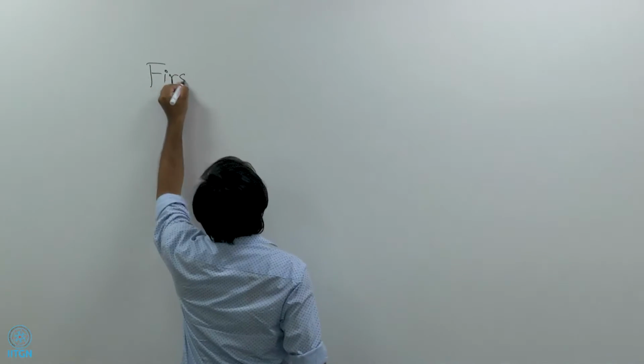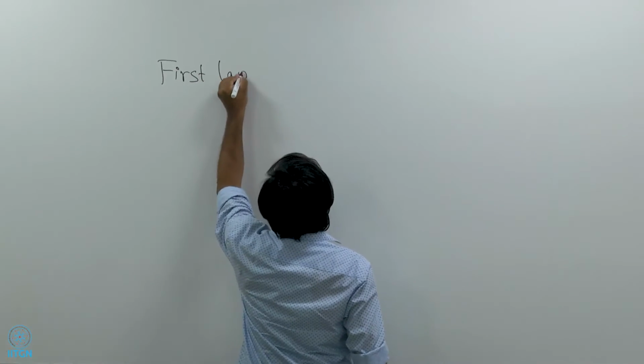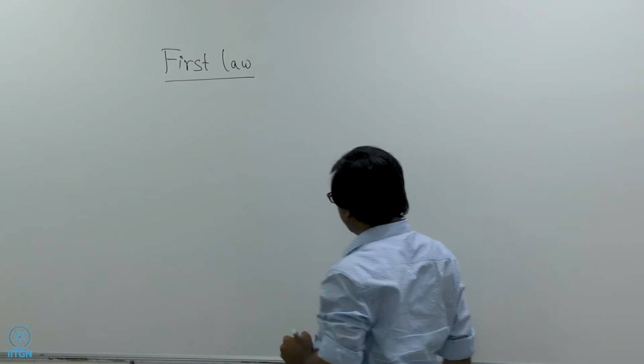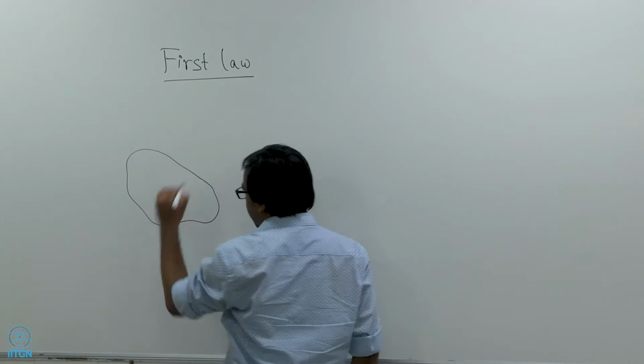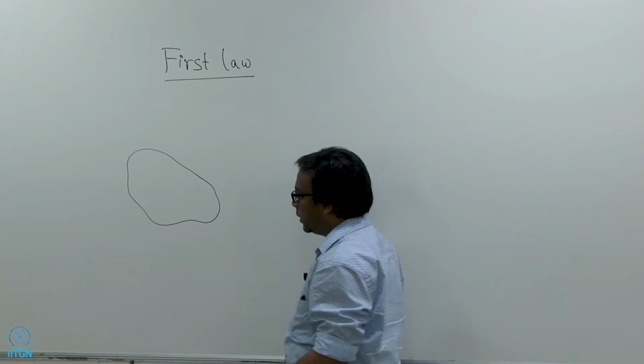First law. So, you might recall that you can have a control volume like this. It can be of any arbitrary shape.